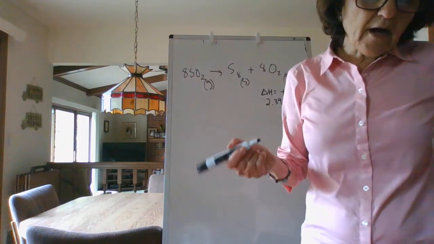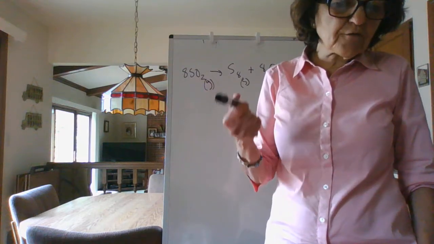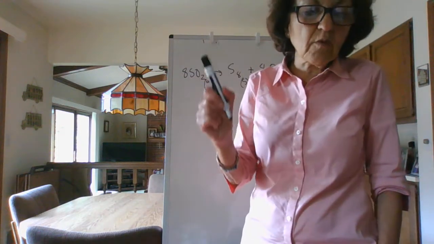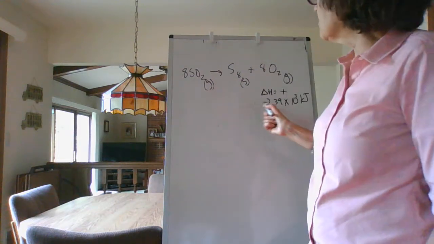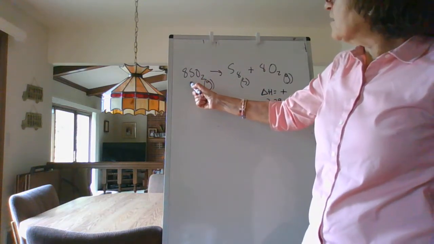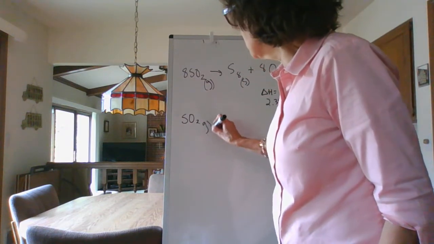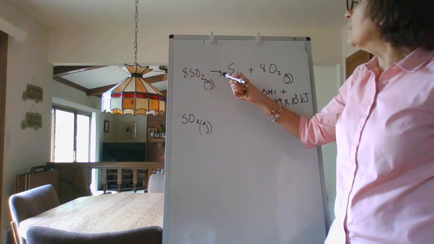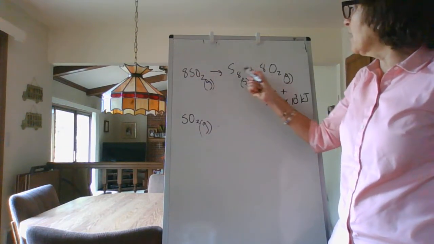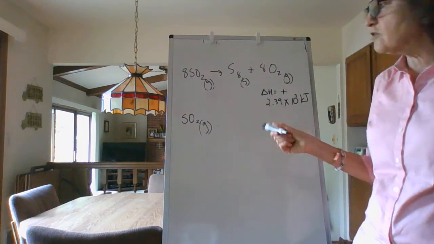Okay, so what if the question is, write the thermochemical equation for the dissociation of 1 mole of sulfur dioxide into its elements. So if I just want the dissociation of 1 mole of sulfur dioxide, what does that mean? It means that I have to divide this by 8, so I have to divide the 1 by 8 and divide this by 8 and divide this by 8. That's your manipulation.